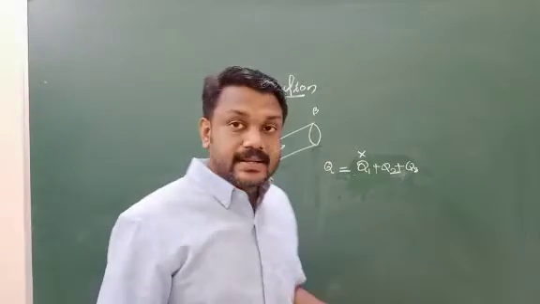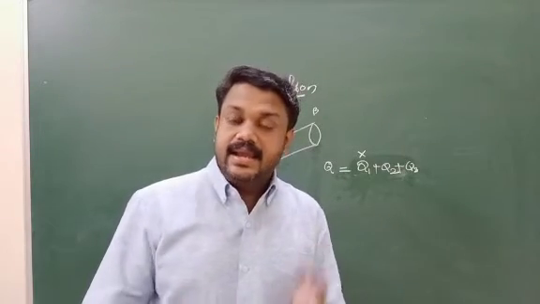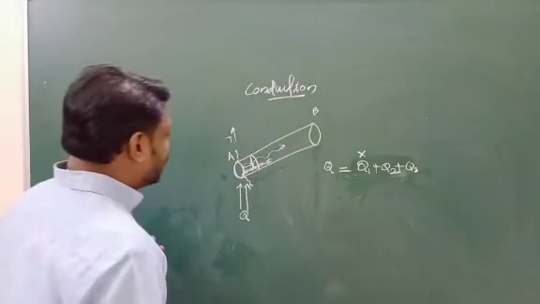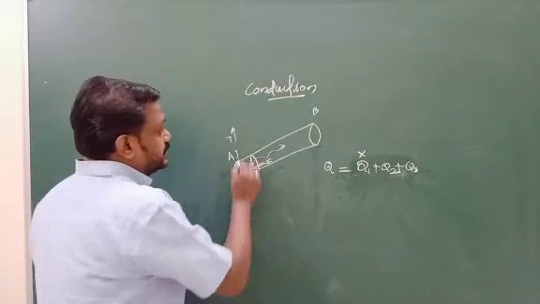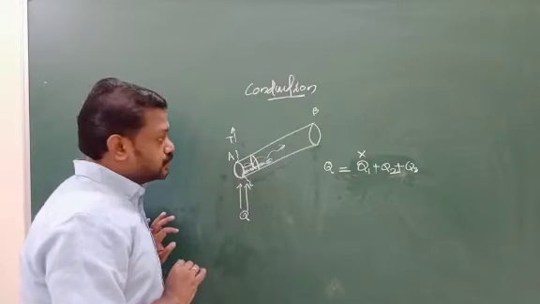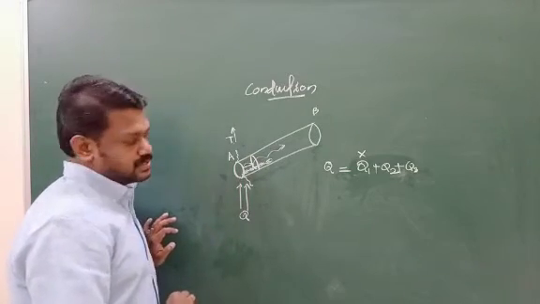So no energy is absorbed by that particular cross-section, and then its temperature remains constant.